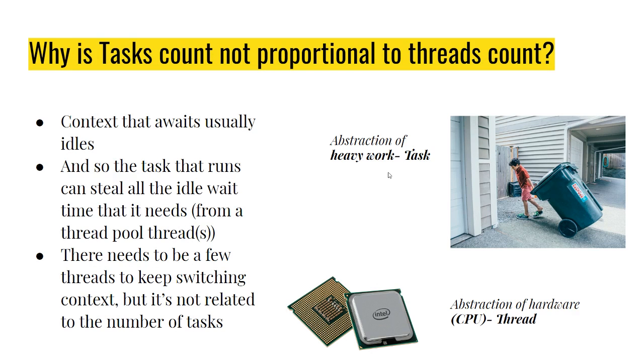So if task runs without blocking, why is it not the same as a thread? Task is an abstraction of work. And when you run a task, it runs on a thread pool. And when a task runs on a thread pool, it will be put to a different thread than the one it is currently running on. For that reason, you will at least use one extra thread, but you might need more threads, but you might not.